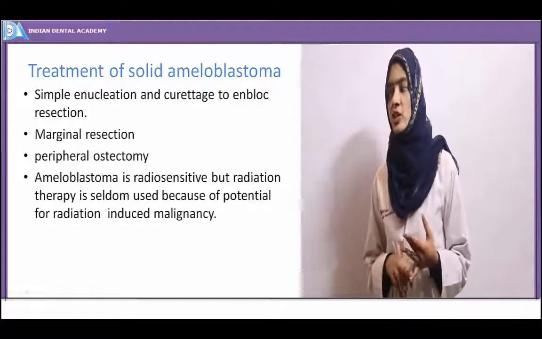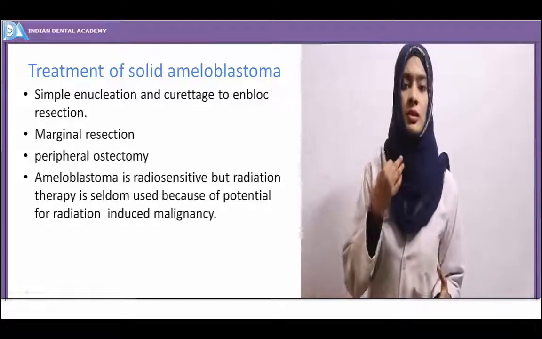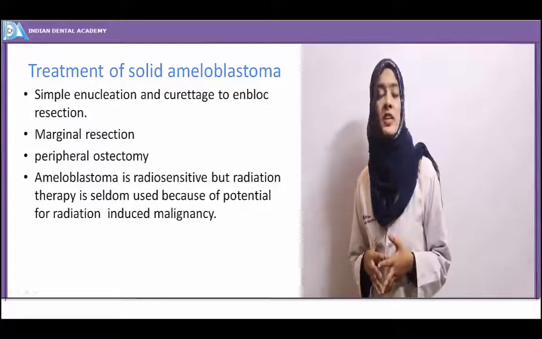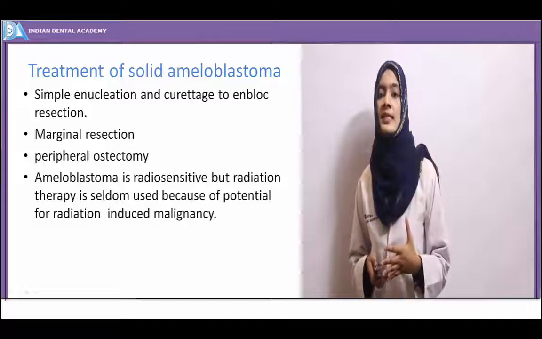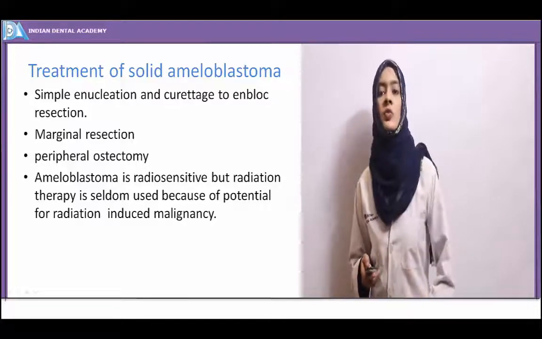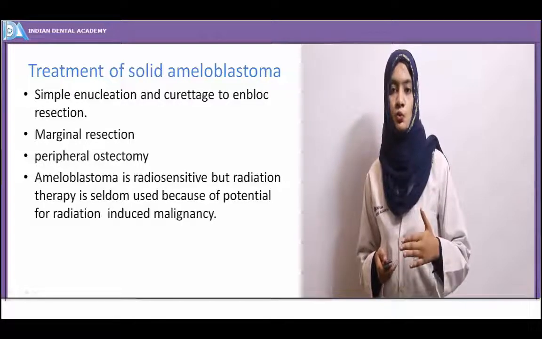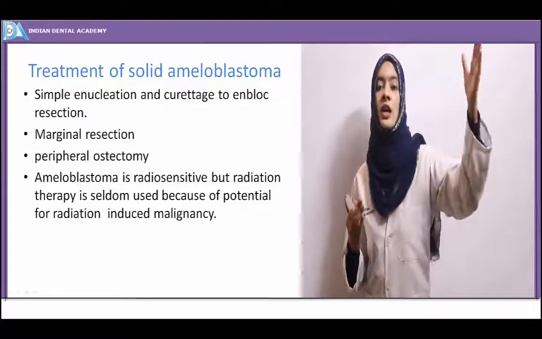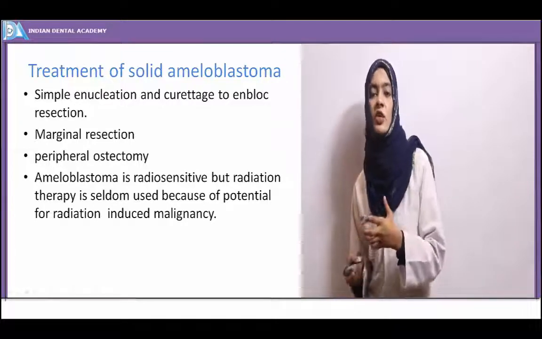Okay, so enucleation, curettage, marginal resection involving the mandible and peripheral ostectomy is the treatment of choice for the solid or multicystic ameloblastoma. Even the unicystic forms as well as the peripheral ameloblastomas too. Okay, so we have seen the solid variant of ameloblastoma. Now we'll see the cystic variant of ameloblastoma.